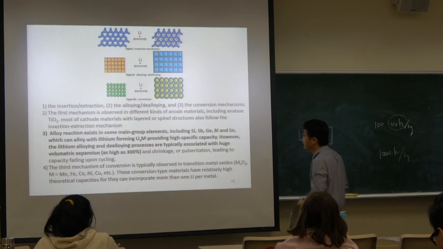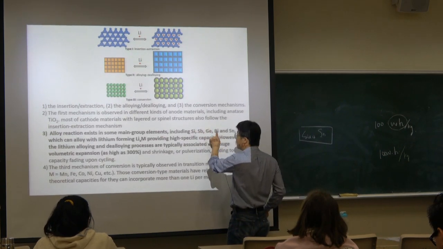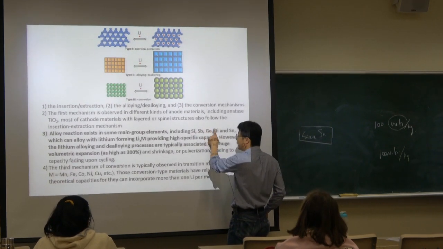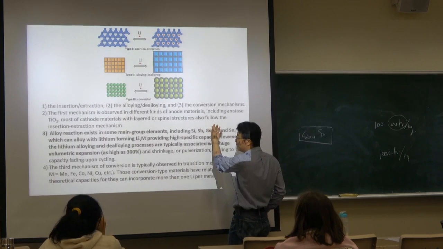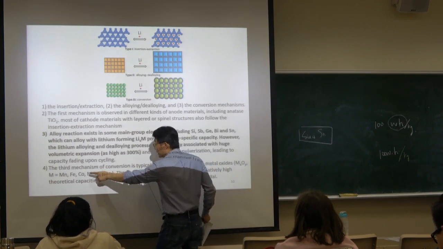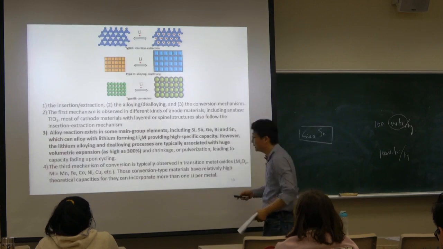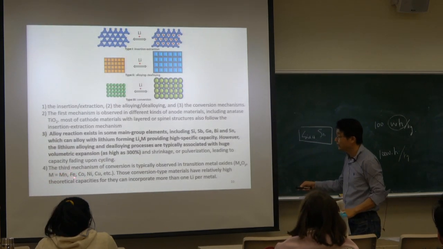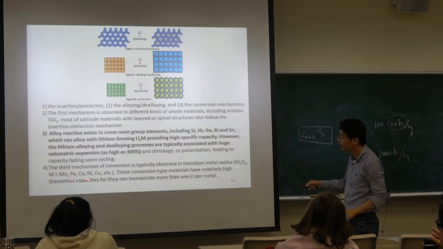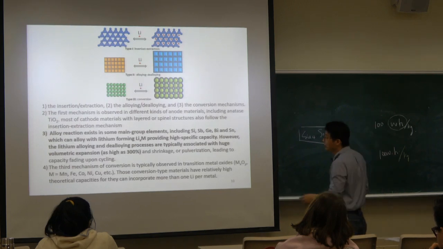Most of the alloying ones are not quite metals; we can say maybe semiconductors. But for conversion, you can use manganese, iron, copper, nickel. These are metals, and we call them metal oxides.